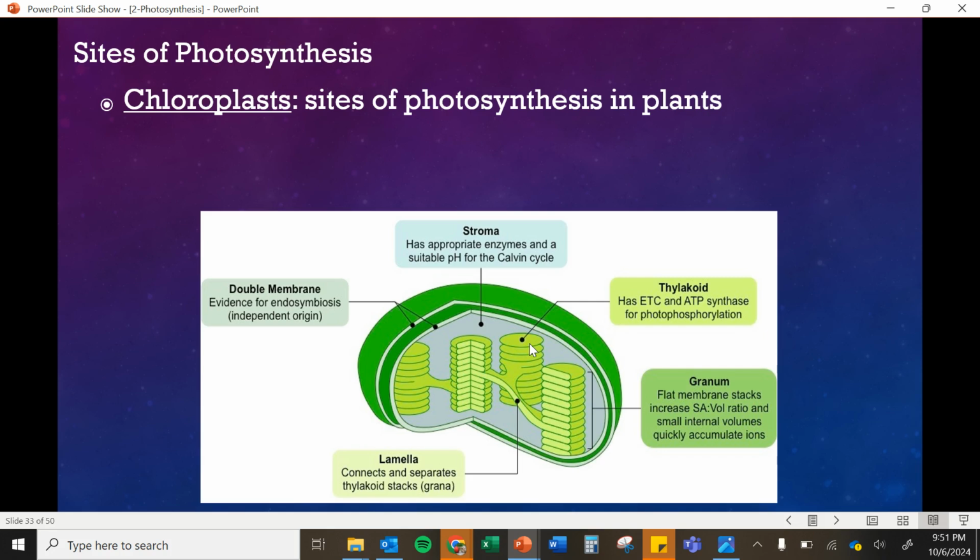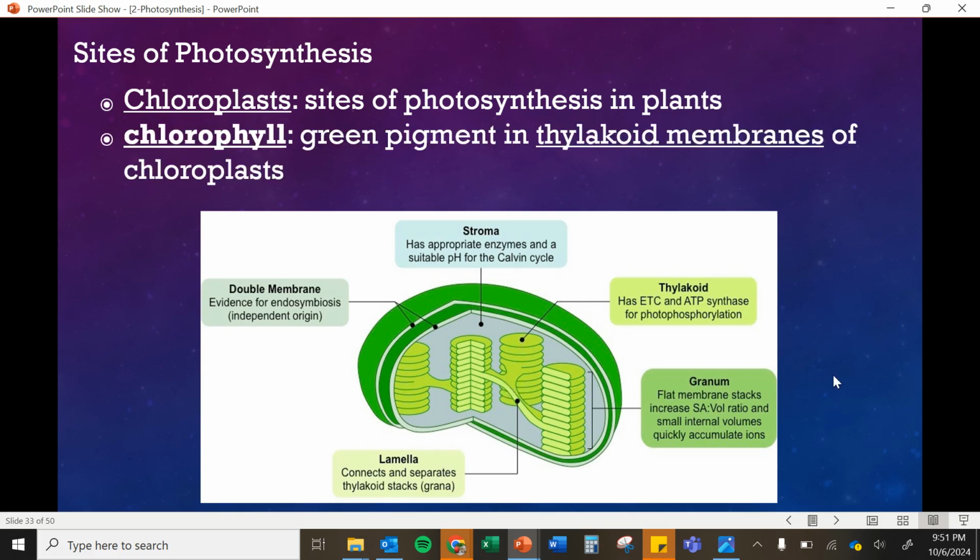That's where the electron transport chain and ATP synthase live. A granum, or grana, is a stack of thylakoids. Each of these is surrounded by its own membrane because it increases our surface area to volume ratio, so we can have more reactions take place. The lamella is like these connections, which I don't know will come up.